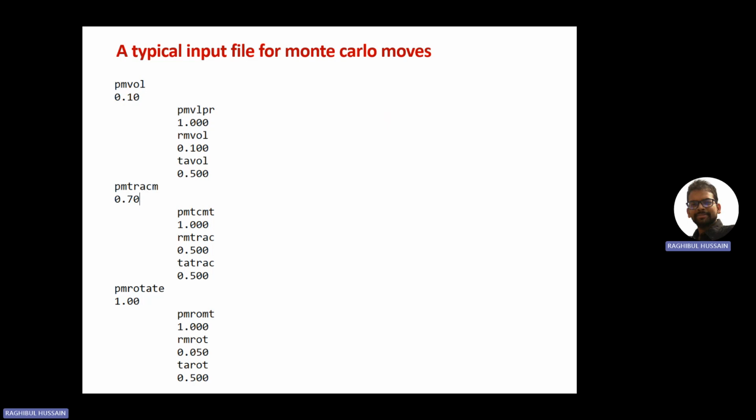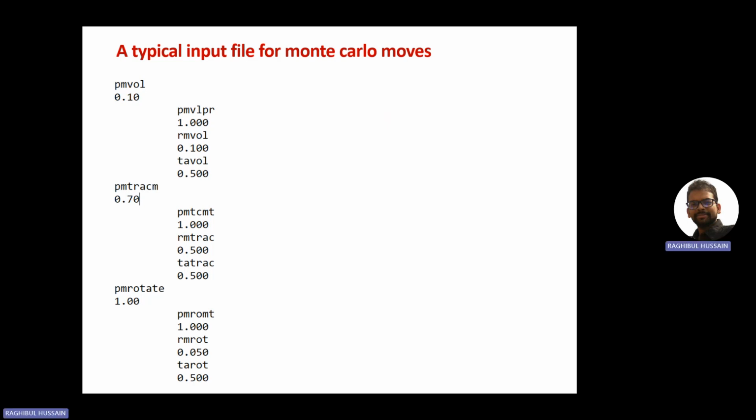Okay. Now right now we have given only the probability of each move. Inside each move, we have three options, three variables. So first is the PM, VR, PR. PM is basically the variable which represents that we are making a Monte Carlo move. So PM is common.